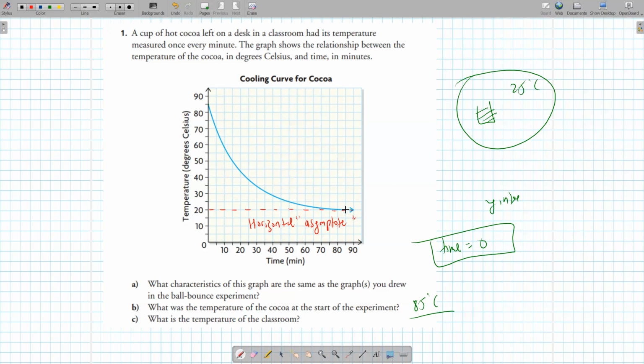So this graph will never cross this dotted invisible line, okay? And which is also the answer to part C. The temperature of the classroom is 20 degrees Celsius. Cool? Okay. The coffee will never get less than 20 degrees, and that's an asymptote.